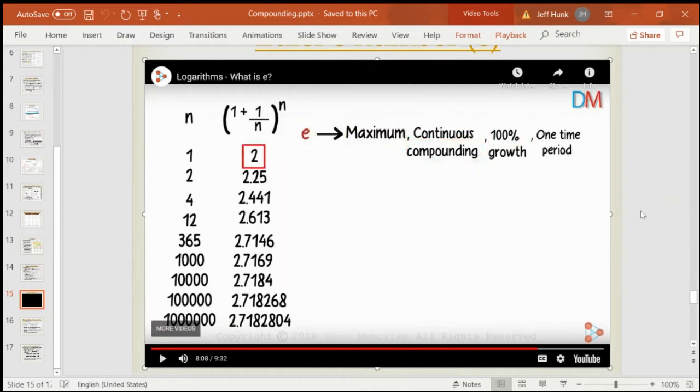All right. Well, here, see, in this video, they experiment with a large number of n. In other words, that means you are splitting this interest rate, right?